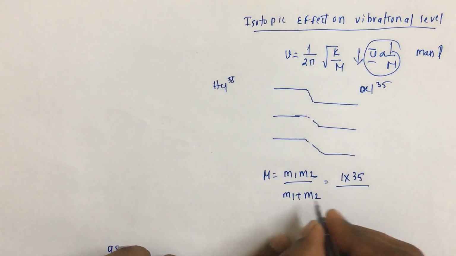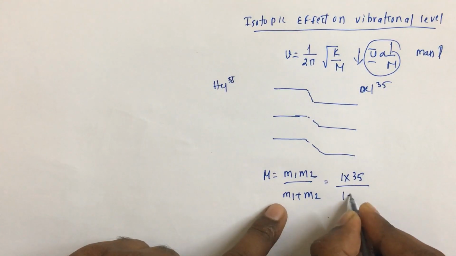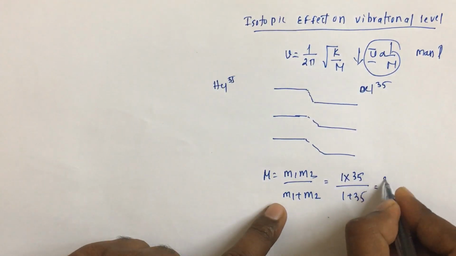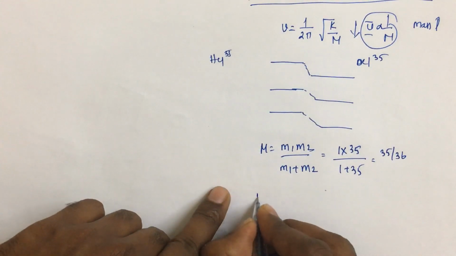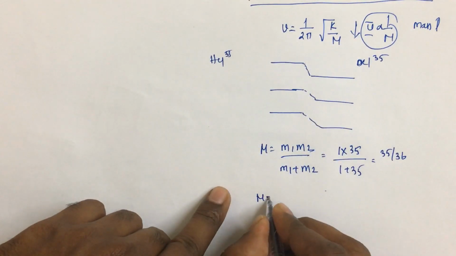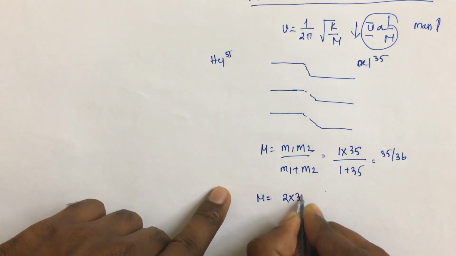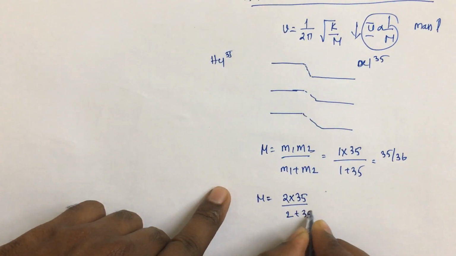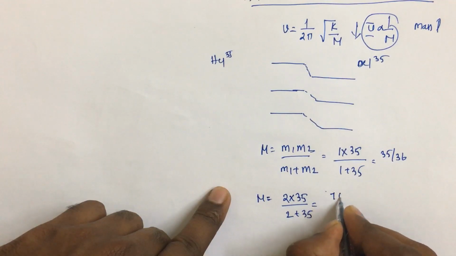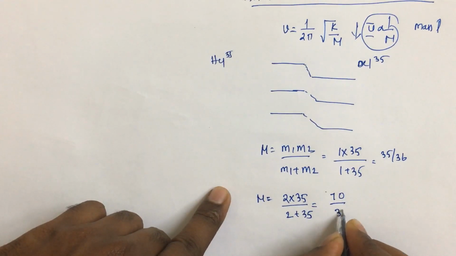Now here 1 plus 35, so this will be 35 by 36. And similarly the reduced mass for DCl equals 2 into 35 by 2 plus 35, so this will be 70 by 37.